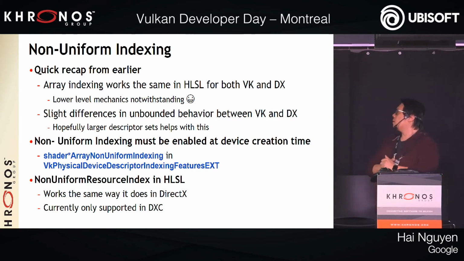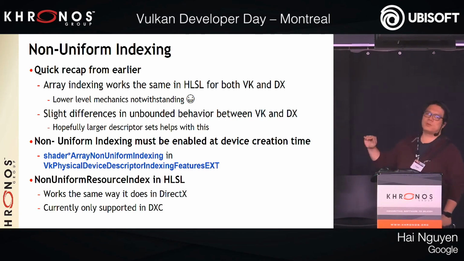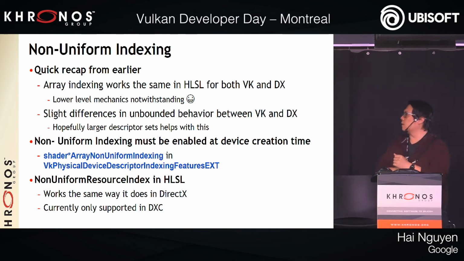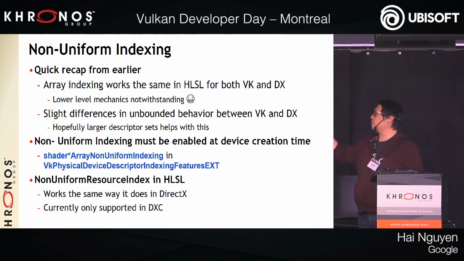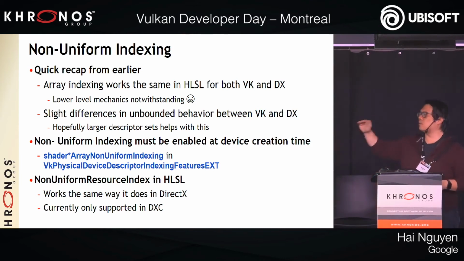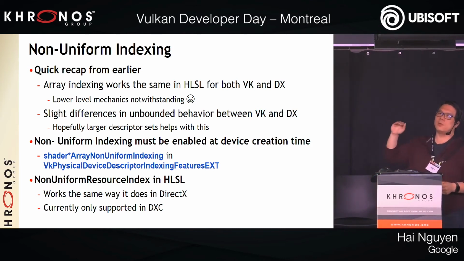So if you want to do non-uniform resource indexing, you will need to enable the feature when you're creating the device, because otherwise it won't work. And each one of the resource types has its own individual field to be toggled.